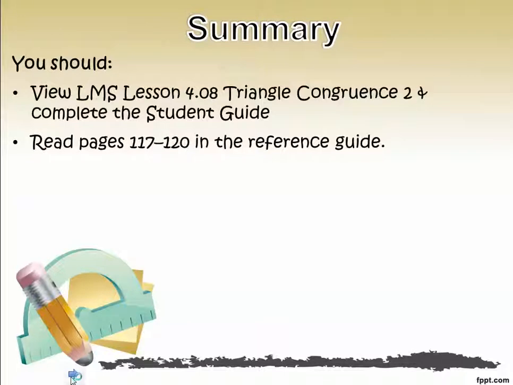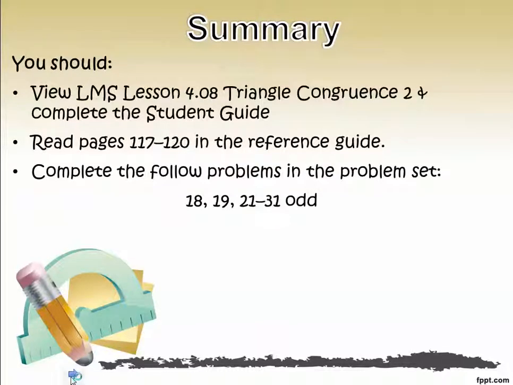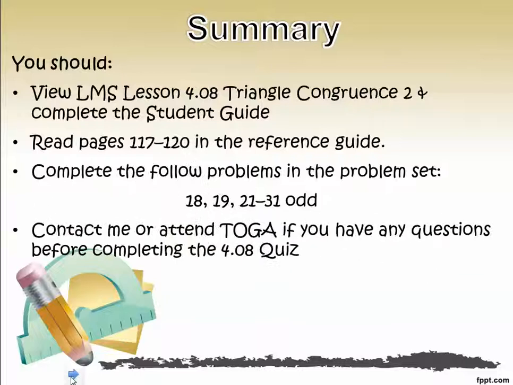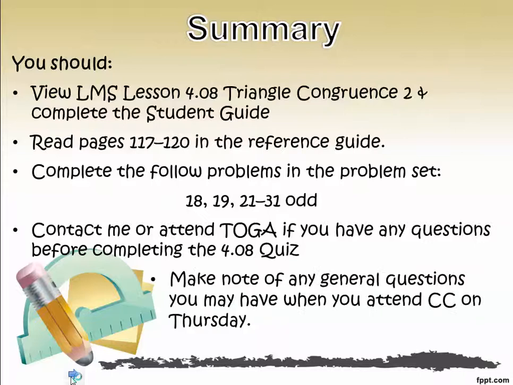Read through the pages in the reference guide and be sure to add to your notes if you need to. And then complete the following problems in your problem set. And after you get finished doing all that, if you do not understand these concepts, you need to contact me or attend TOGA if you have any questions before you try the quiz. And then again, make note of any general questions you may have when you attend CC on Thursday.